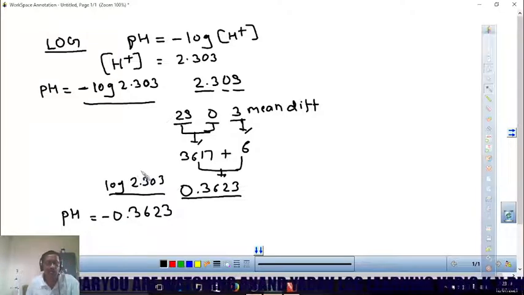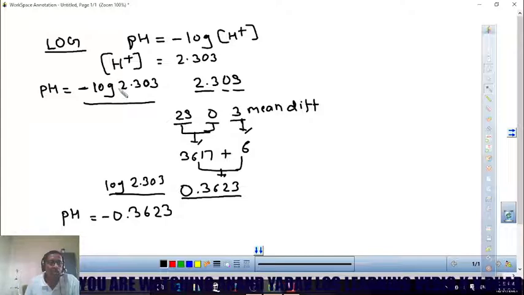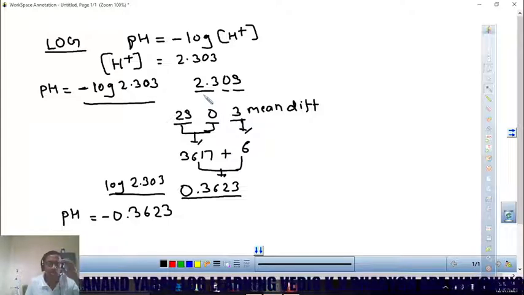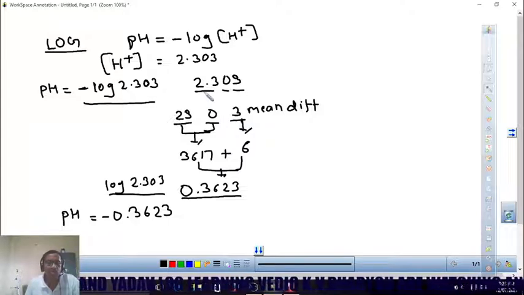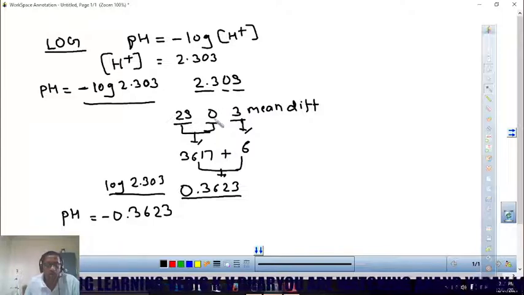I will repeat, dear students, this is your question, log 2.303. Now you have to solve the log of 2.303. How can you calculate it? The first thing you have to remember, you have to write this number in scientific notation, and as it is already in scientific notation, there is no problem. It is 2.303. So first two digits 23, then 0, and then the fourth digit is 3.